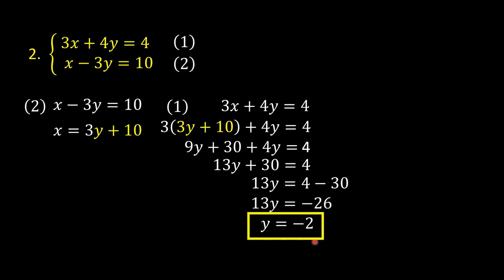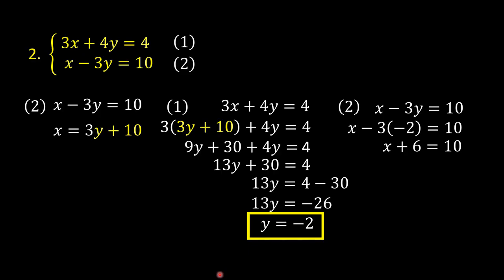Next, we are going to substitute negative 2 for y in equation 2. Equation 2 is x minus 3y is equal to 10. We substitute negative 2 for y. So we have now x minus 3 times negative 2 is equal to 10. We have now x plus 6 is equal to 10.